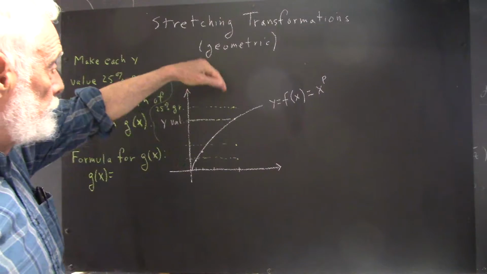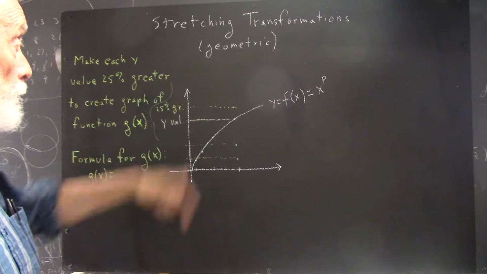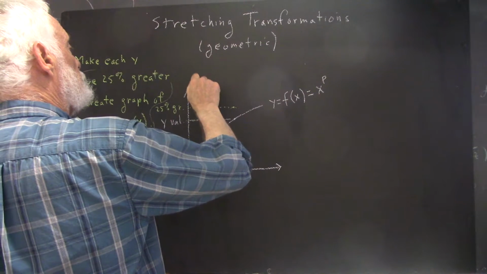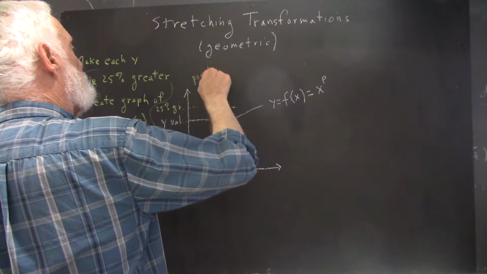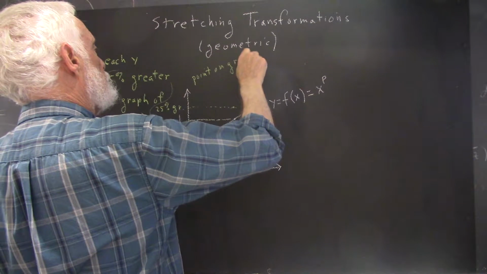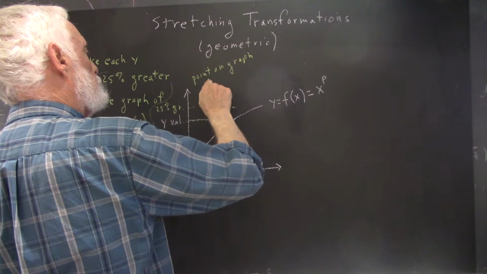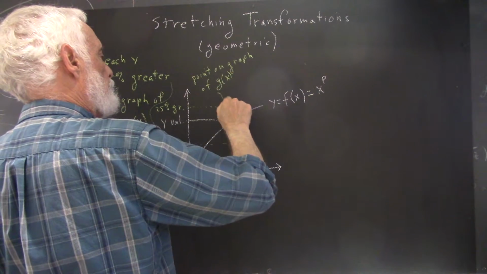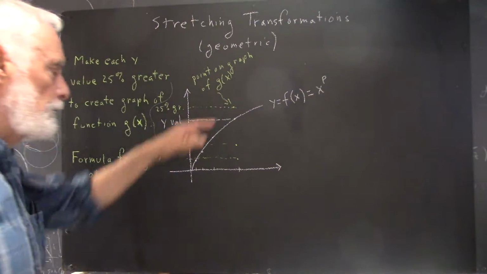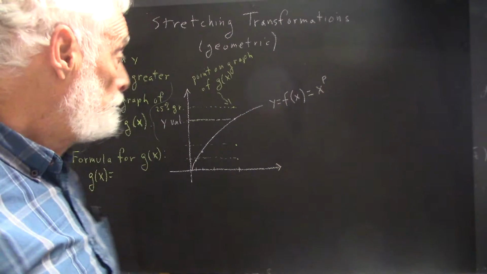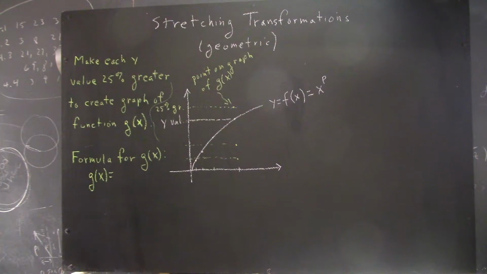So right there is a new point, a point on the graph of g of x. Now all we have to do is do that for every point on this curve, all the way out to infinity, and we'll have our graph of g of x.